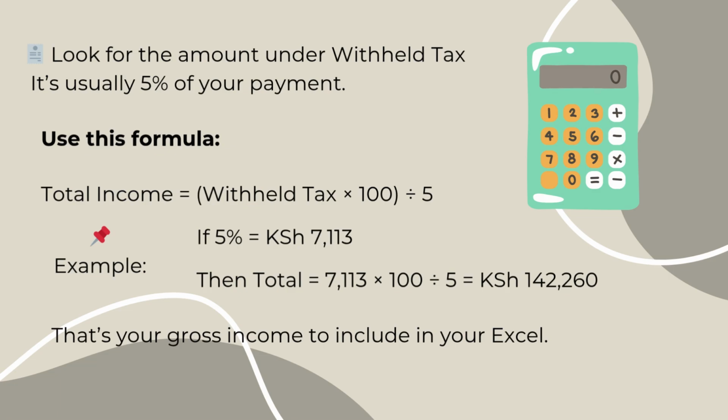It is withheld tax amount multiplied by 100 and then divide by 5. So in this case, we get 7,113 multiplied by 100%. Then you divide by 5%, and that gives you 142,260.